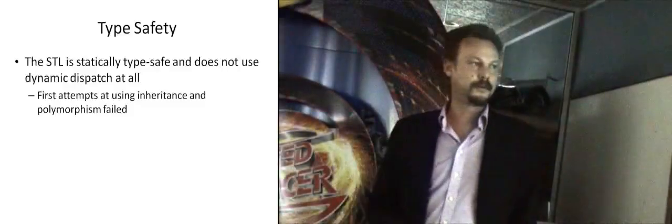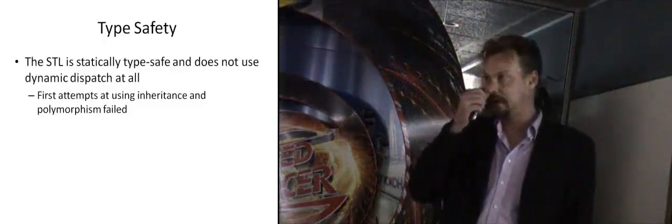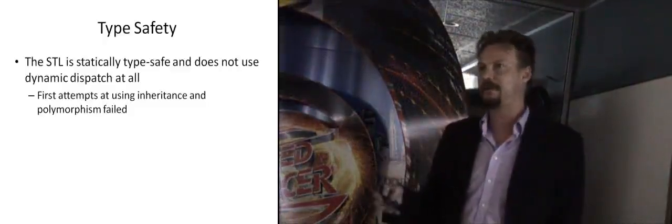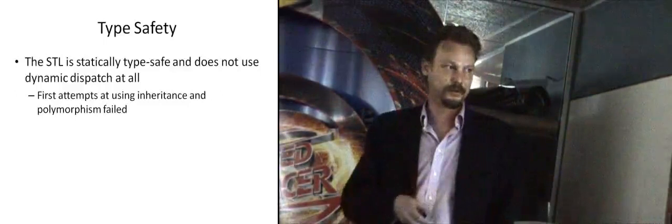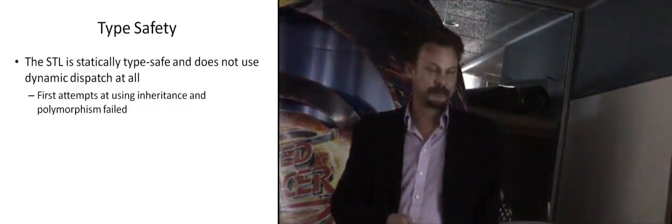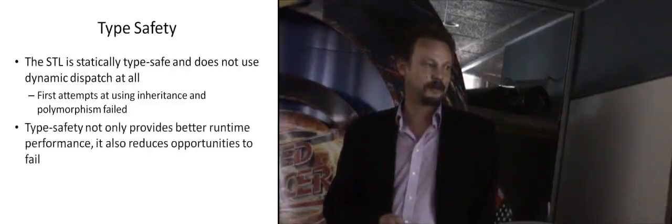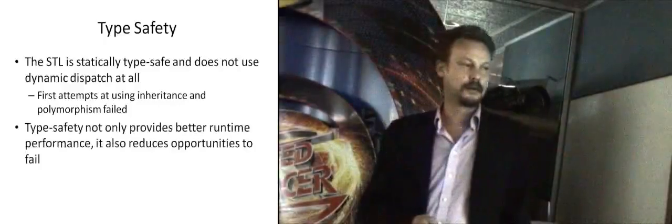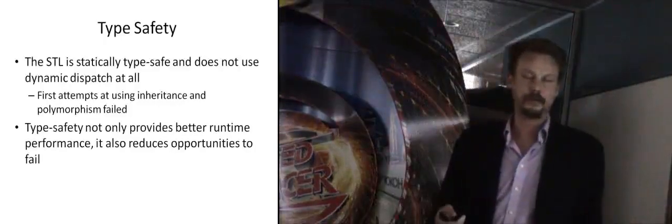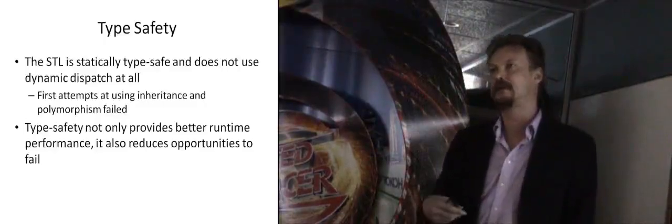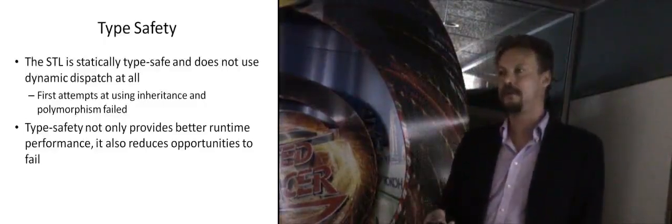Stepanov, after some trial and error, realized that that model doesn't work for what he was trying to achieve. Type safety provides better runtime performance, and on top of that, not only is it more performant, but it's more correct. At least it removes opportunities to fail.